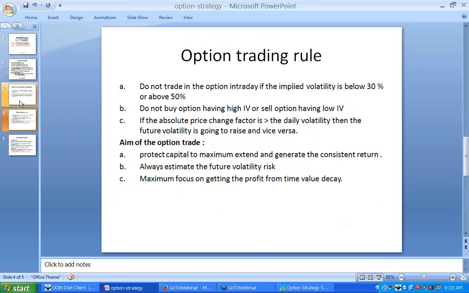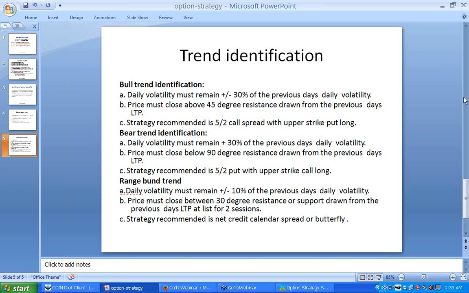These are the things we highly require: the rule for forming any option strategy or taking an option intraday trade, and how you can find out a bull trend, bear trend and range bound trend. This is also highly important for you.